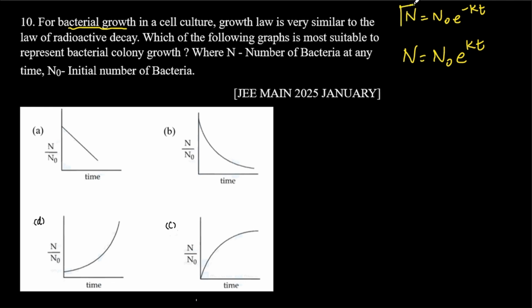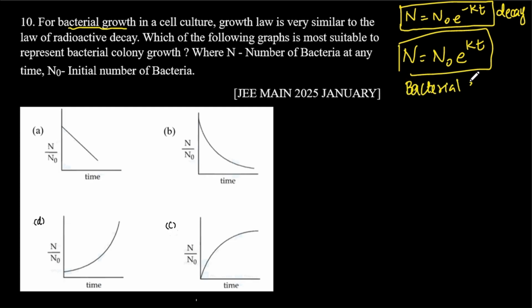So in the first equation, that is law of radioactive decay, this is decay, you are having e power minus KT, and in the second equation, this is for the bacterial growth, you are having e power KT. So when you rearrange this, you will get N by N naught equal to e power KT.